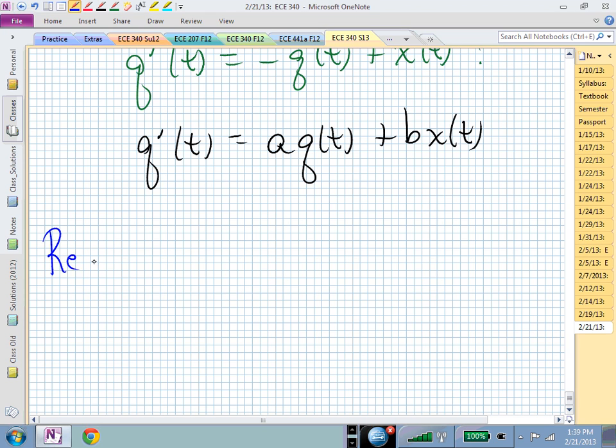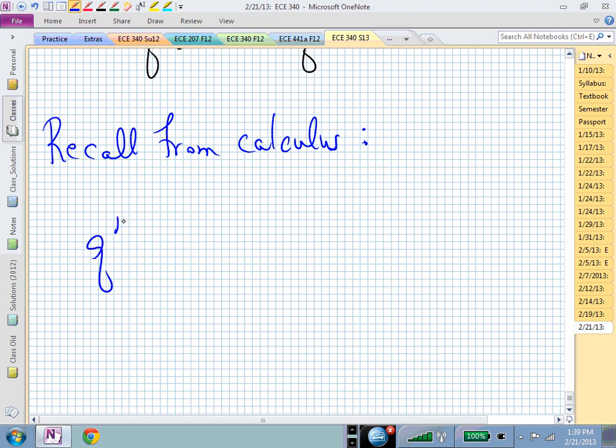What do we remember from our calculus relative to derivatives? That's roughly the change in Q over the change in time, isn't it? We just look at the limit as that delta t goes to 0 to give us the derivative.